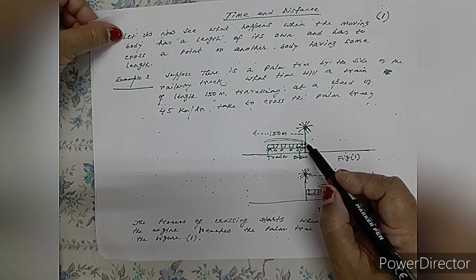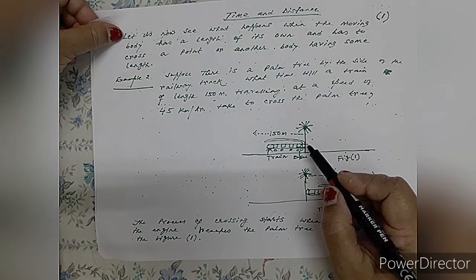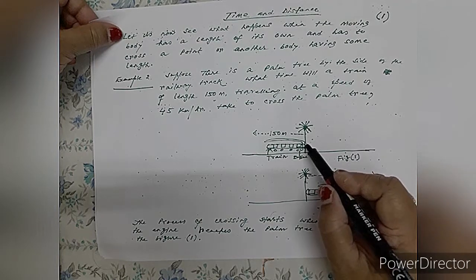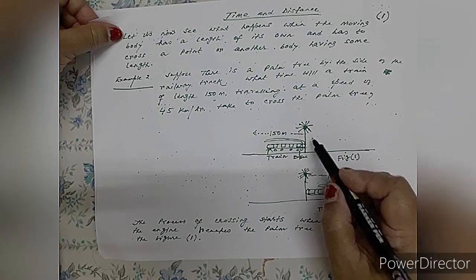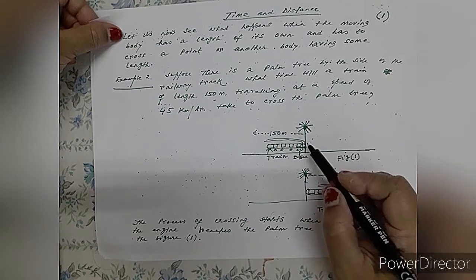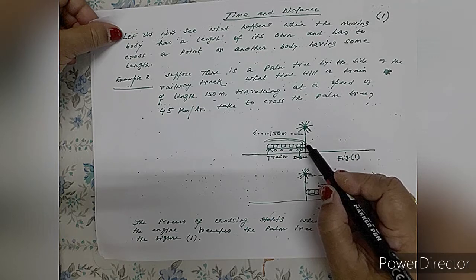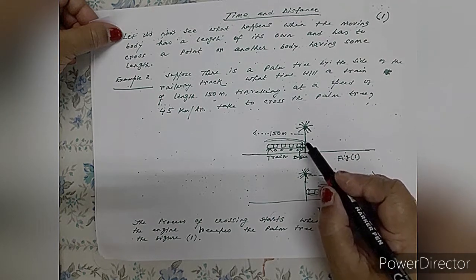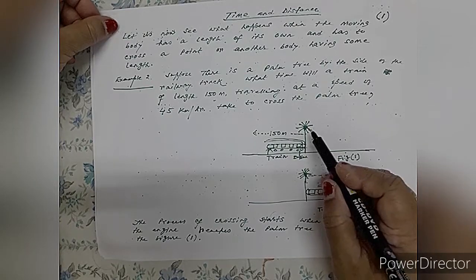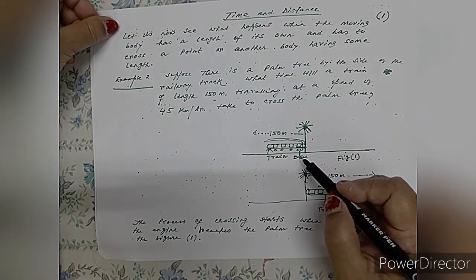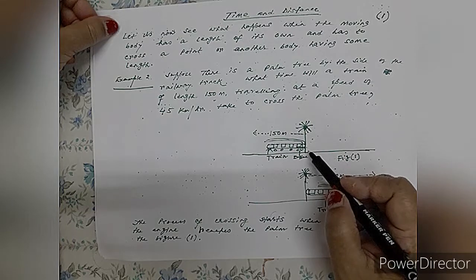It is too negligible, so it cannot be accepted for calculation purposes. So when there is a vertical object whose horizontal length cannot be determined properly because it is negligible, then it is taken as a point.